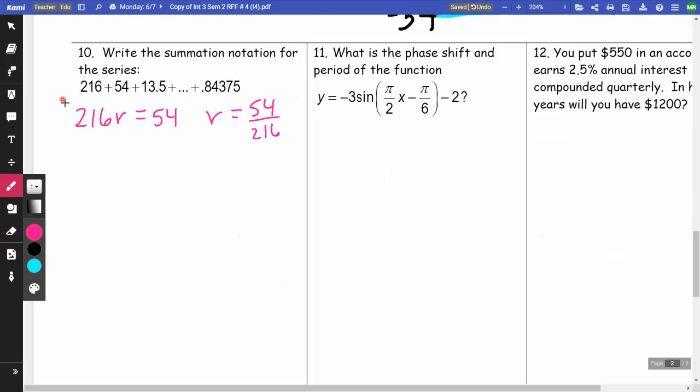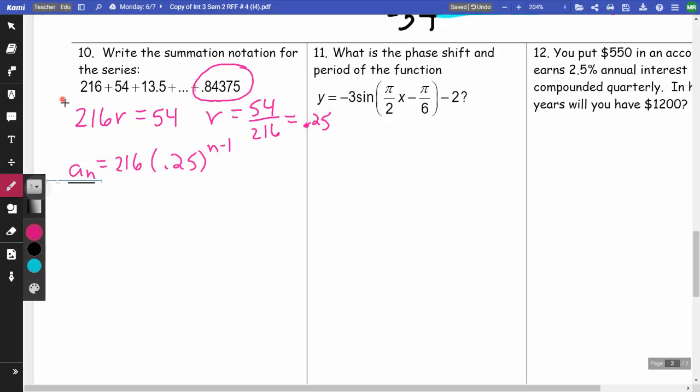Let me see if that can be cleaned up. 54 divided by 216 is 0.25. So if I want to write this in summation notation, I need to figure out what this is. So I know I'm going to have a sub n is equal to 216 times 0.25 to the power n minus 1.